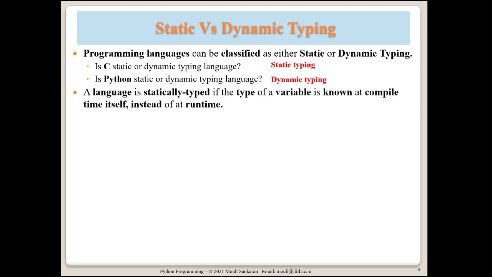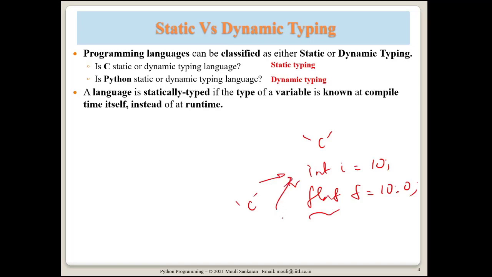Now you may wonder what is the advantage of that. At least in C, suppose you have a variable int i and then you have a float f. Now the C compiler knows wherever I am referring to, i is an integer and f is a float.